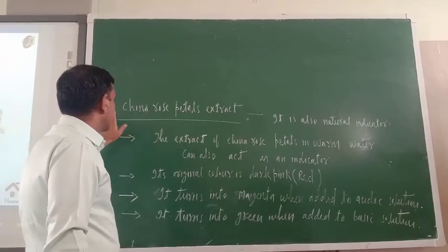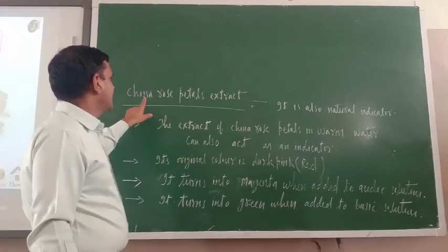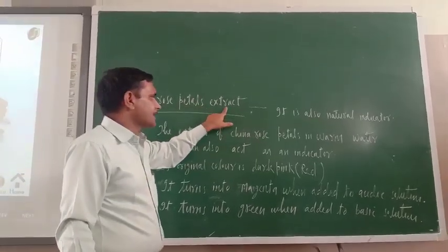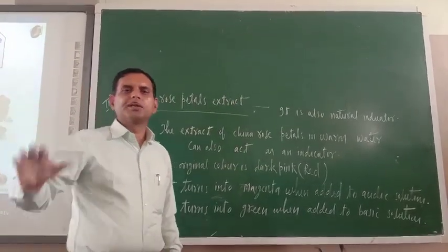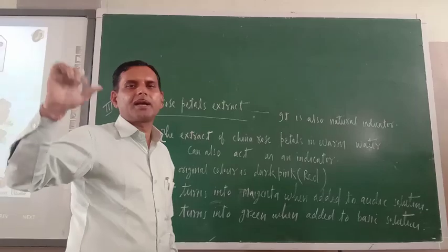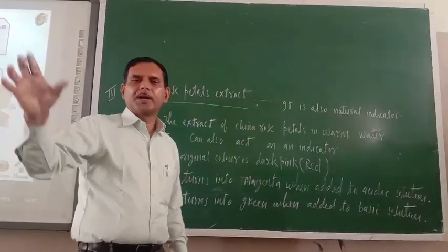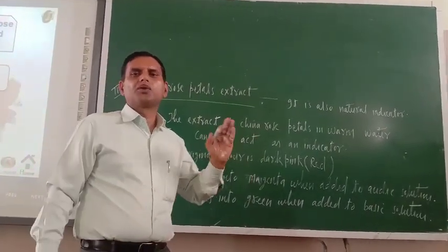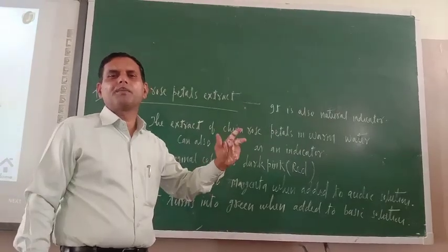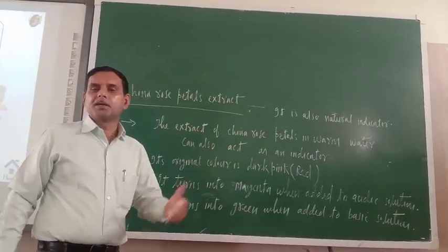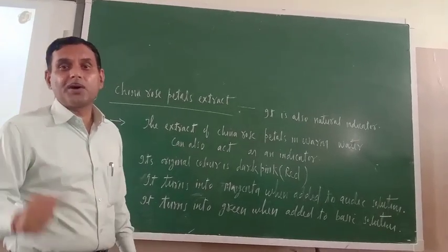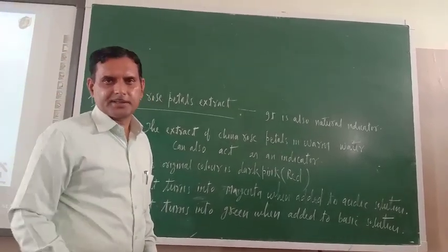Dear cadets, now the third natural indicator is China rose petals extract. Just see, in our campus there are so many petals of China rose flower. You can collect them, warm 2-3 petals in water, and then filter it. The filtrate you collect is the extract.